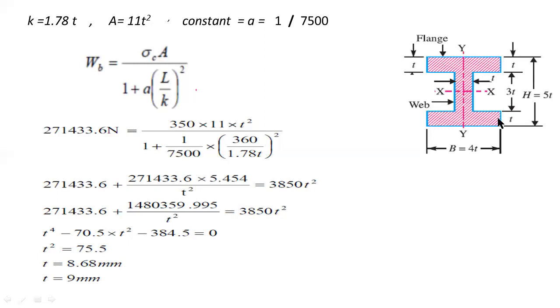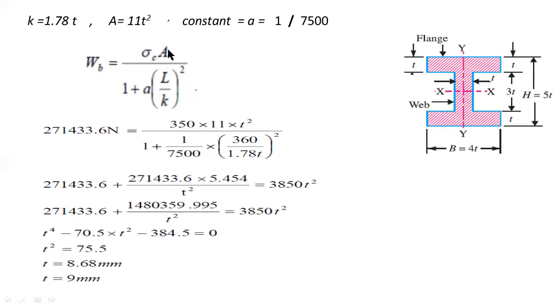So top flange and bottom flange are both equal, 4t square plus 4t square, that is 8t square. And the area of the web, this middle vertical rectangle, you have to treat as the web. This one has thickness t and height equal to 3t, that is 3t square. So the total area of this I cross section equals 4t square plus 3t square plus 4t square, that is equal to 11t square. Okay, so 11t square is the area of the I cross section.